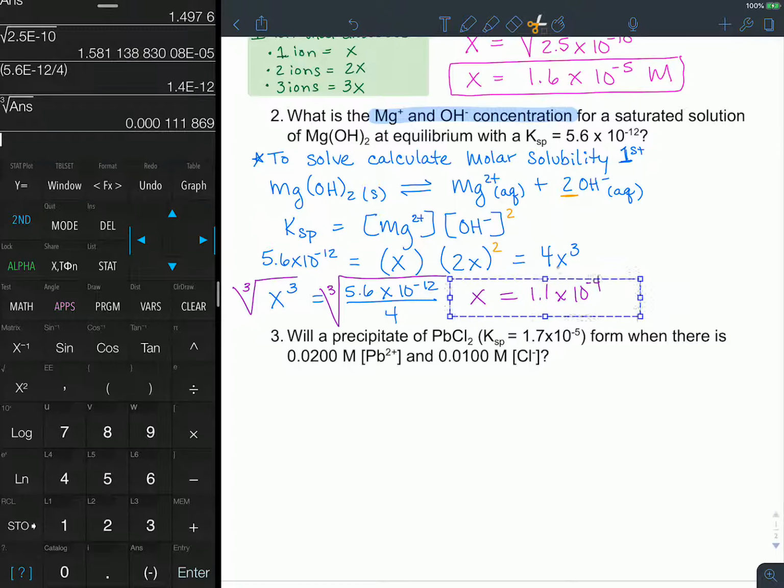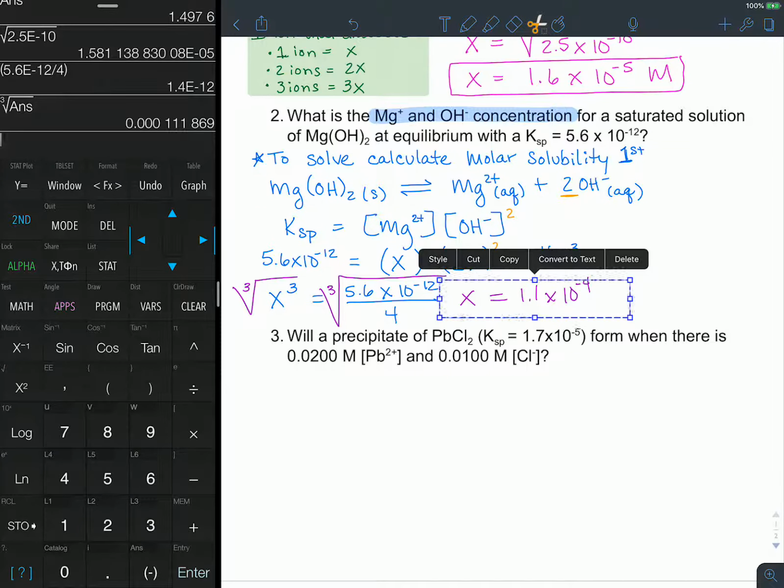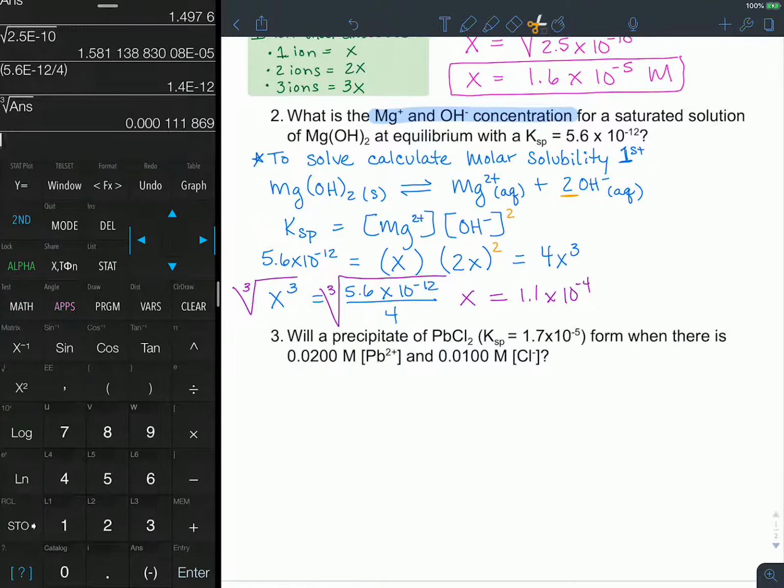That is not the answer yet. So that means that we need to go back and take a look at what each one of these would be. So magnesium is equal to X, and so that means that the concentration of magnesium ions is also equivalent to this.